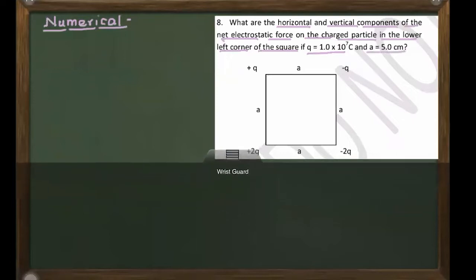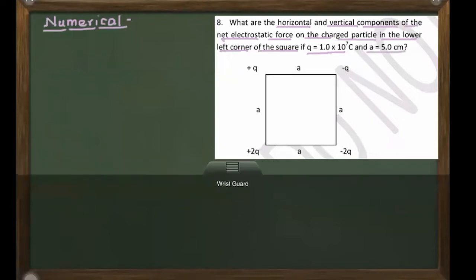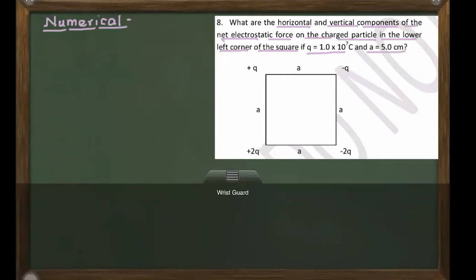So if we are going to solve this numerical, we have to show at first the direction of the forces, because here are four charges and we have to choose the charge which is on the lower left corner. That means this one.